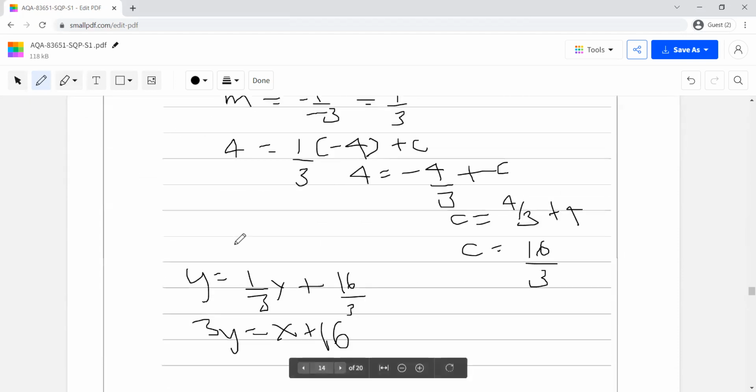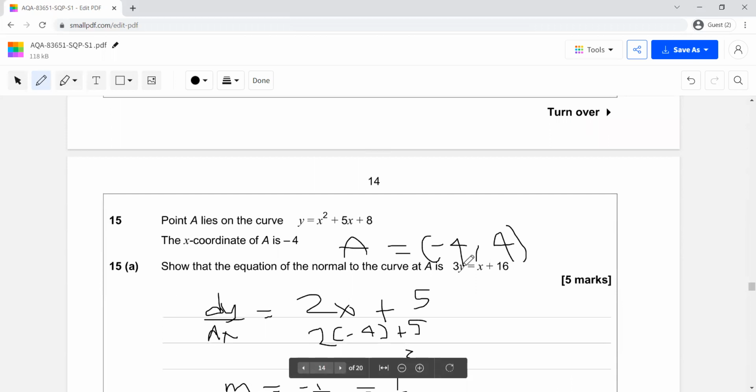Okay, so all we have to do now is say that we're going to substitute either 3y equals x plus 16 into the polynomial, or the polynomial into the line. And I think in this case it's best to just substitute in x squared plus 5x plus 8 into 3y equals x plus 16.